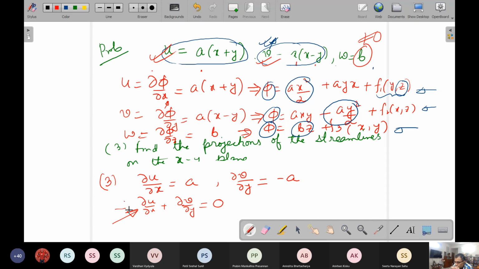What you have thought of and what you know is that for two-dimensional and incompressible flow, this is 0. But what I'm talking about is that if this is 0, there is no guarantee that it is a two-dimensional and incompressible flow. And the example is straightforward here. So you see that this is becoming 0, but it's not a two-dimensional flow. It's three-dimensional.